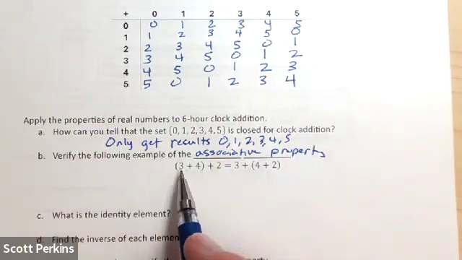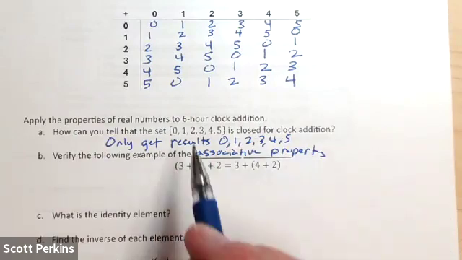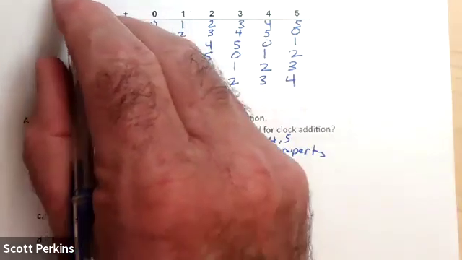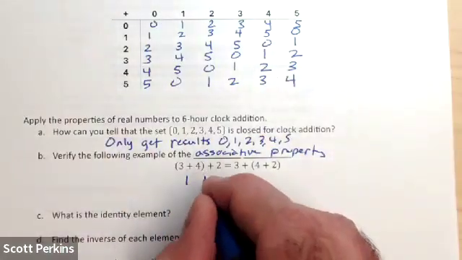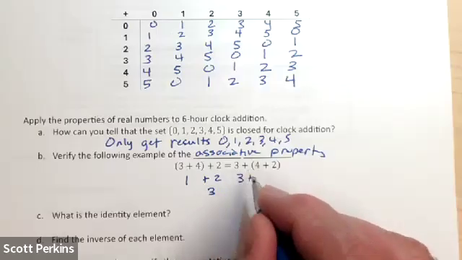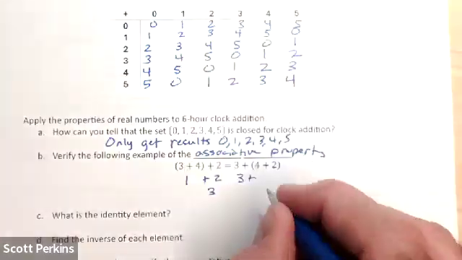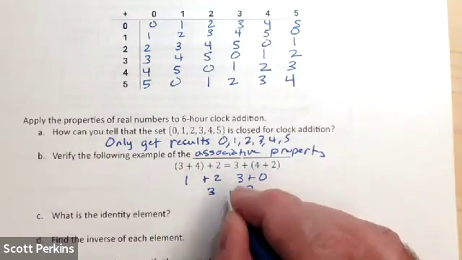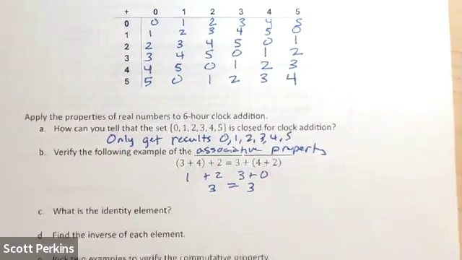So with the associative property, 3 plus 4. If I'm at 3 and I add 4, 1, 2, 3, 4, that is 1. And 1 plus 2 is 3. And then over here, 4 plus 2 is 1, 2, that's 0. And 3 plus 0 is 3. And so we verified the associative property.